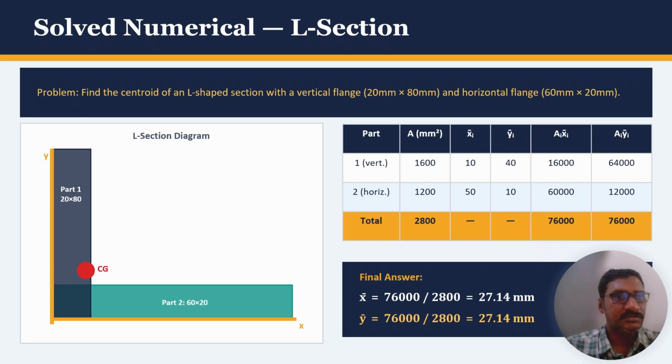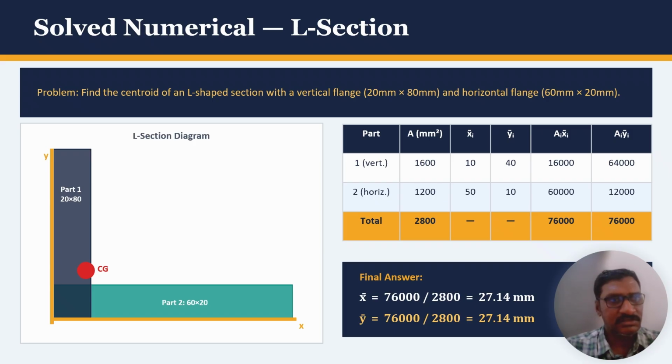A1 into Y bar 1 equals 1600 into 40, that equals 64,000 mm cube. For part 2, A2 is 1200 mm square, X bar 2 equals 50 mm, Y bar 2 equals 10 mm. Similarly, A2 X bar 2 equals 60,000 mm cube, A2 Y bar 2 equals 12,000 mm cube.